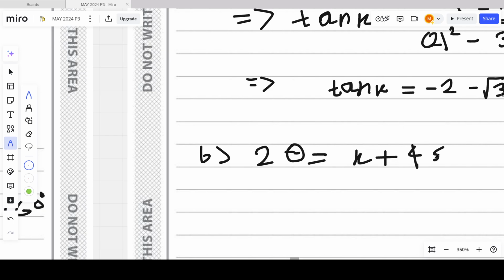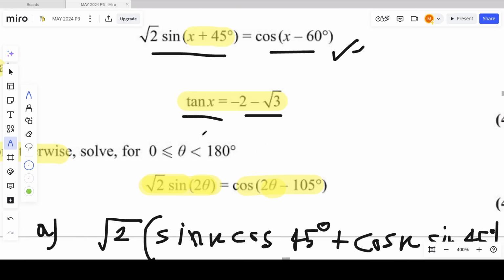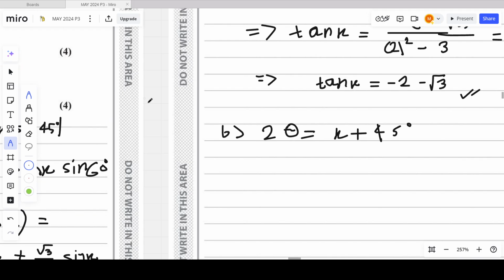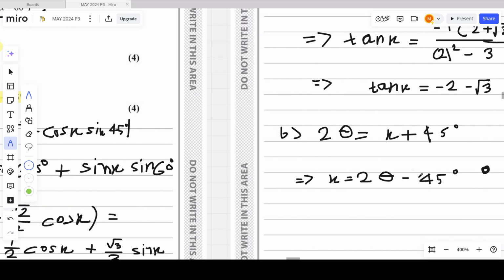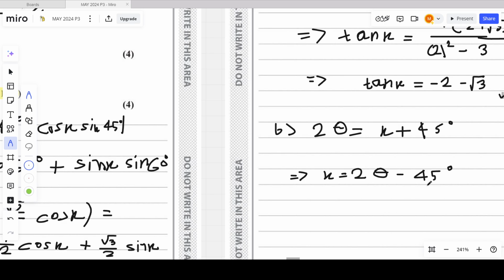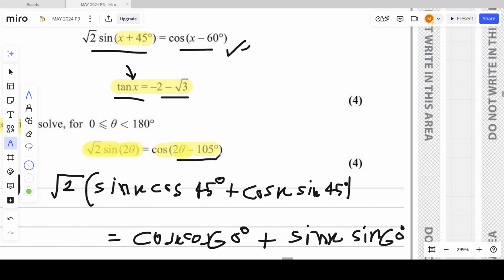So we need a substitution for x, so make x the subject. If you make x the subject, you will get 2 theta minus 45 degree. So we got the substitution for x.